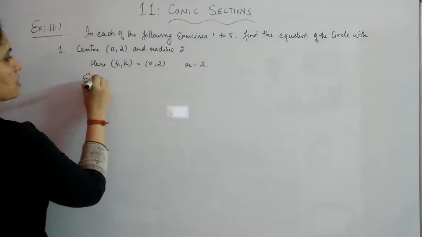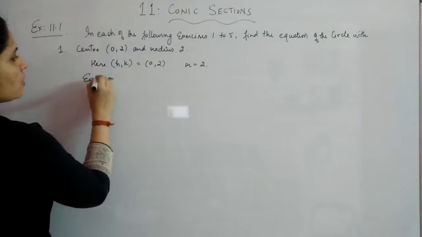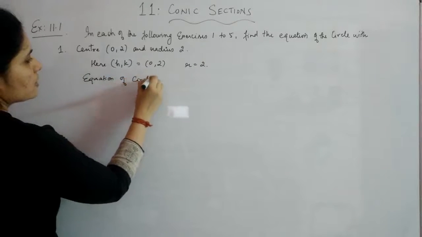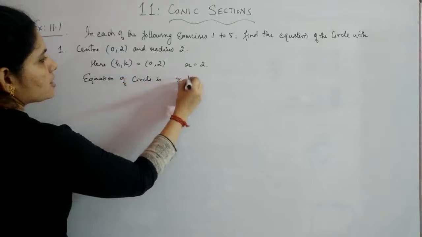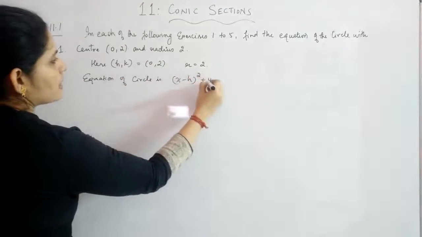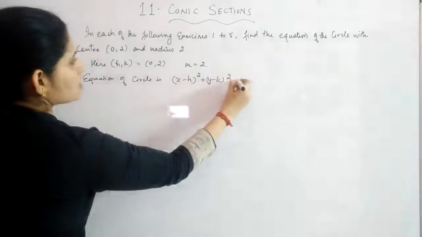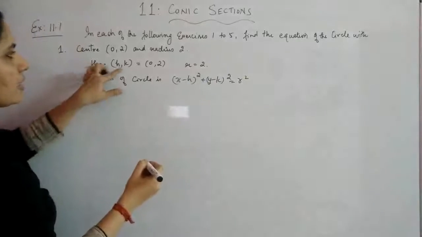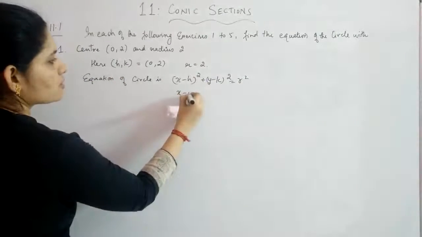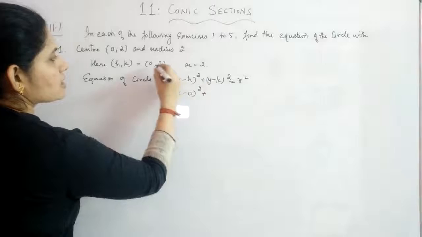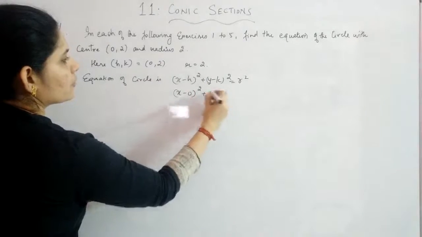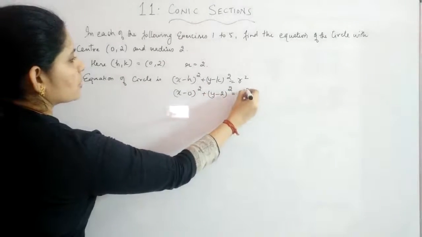And what is the equation of the circle? The equation of the circle is (x minus h) the whole square plus (y minus k) the whole square equal to r square. Replacing values, h with 0, you will get (x minus 0) the whole square plus (y minus 2) the whole square equal to 2 square.